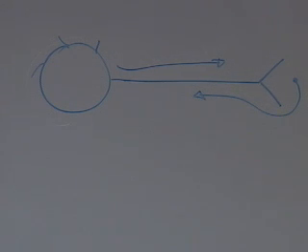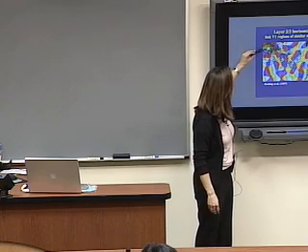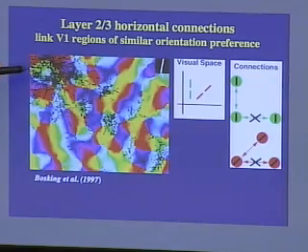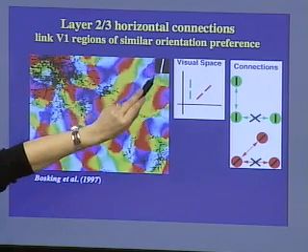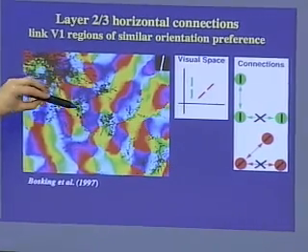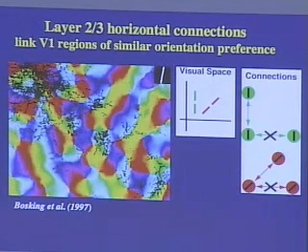And this is what you see here in red, all the terminals, the boutons that were labeled by a neuronal tracer. And you can see if you inject it in a region that likes a blue orientation, whatever that was, I think it was this orientation in space, you can see that the terminals, the black regions, terminate preferentially in blue. That is, these connections link neurons of similar orientation preference.